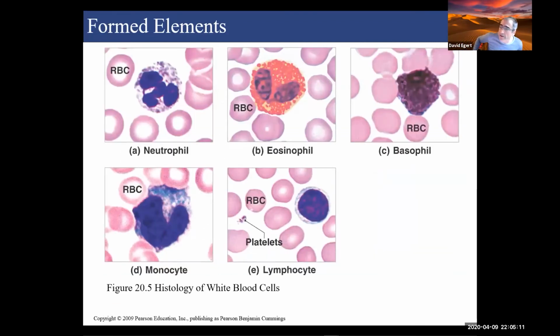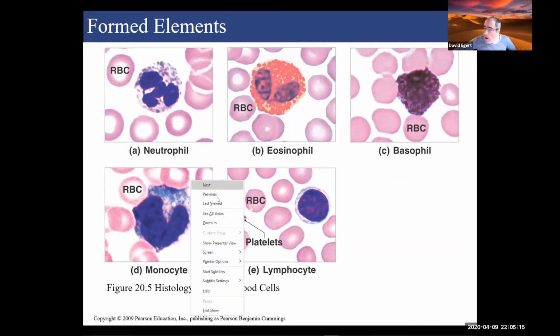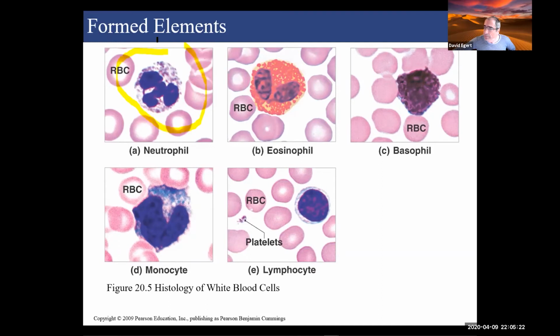This is showing the different formed elements I've just been talking about. So if I go to my highlighter, neutrophil, it's got this weird looking nucleus. I'll show you more examples of it, but it's always weird looking. There are granules, but they're sometimes hard to see. Here's an eosinophil. You can see the red granules are super predominant.